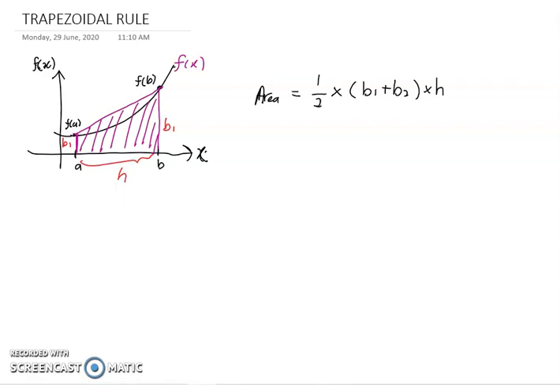So now the area of this trapezoid is 1/2 times b1, which is actually f(a), and b2 is f(b), and the height h of this trapezoid is the length from a to b, that is b minus a.